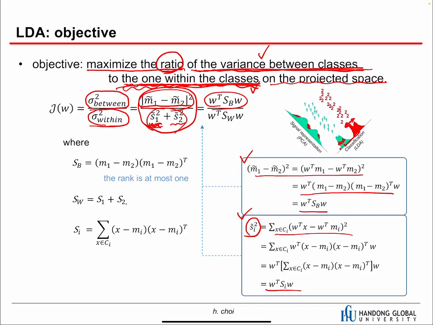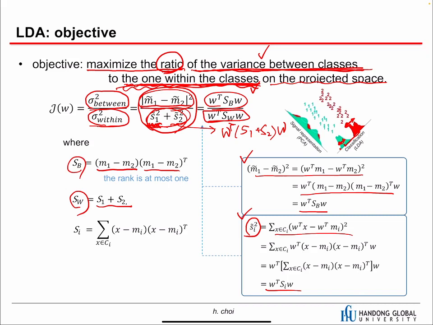So we can rewrite this term with S1 plus S2 w. Since S sub W is actually S1 plus S2, we can rewrite this term like this. And then S sub B is M1 minus M2 times M1 minus M2 transpose.